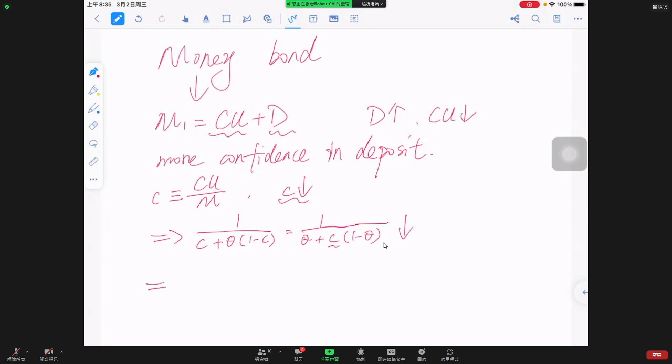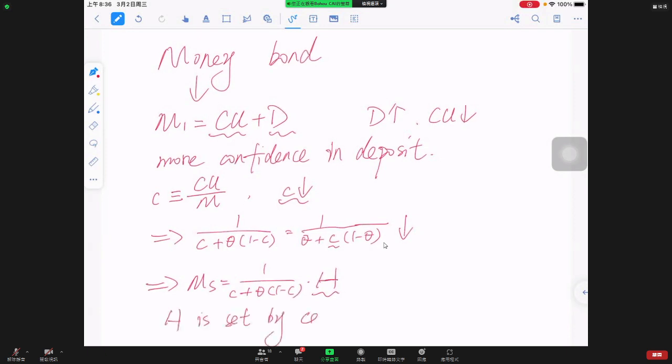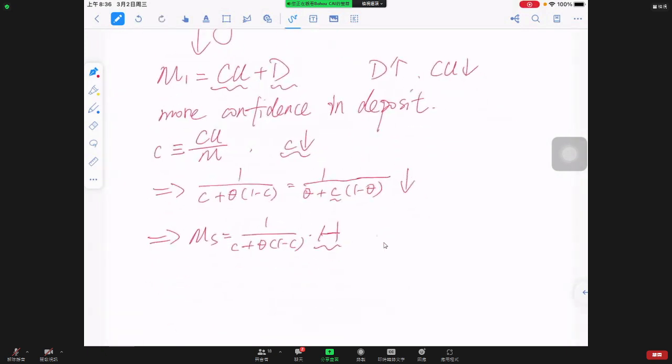And money supply equals this multiplier times the high-powered money, H, right? H remains the same because H is set by the central bank.